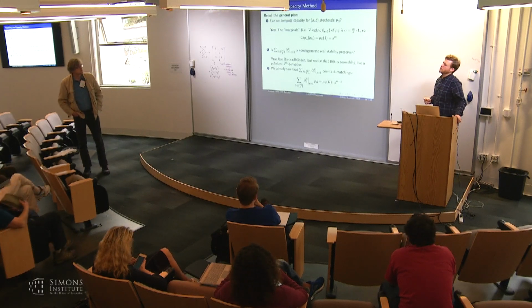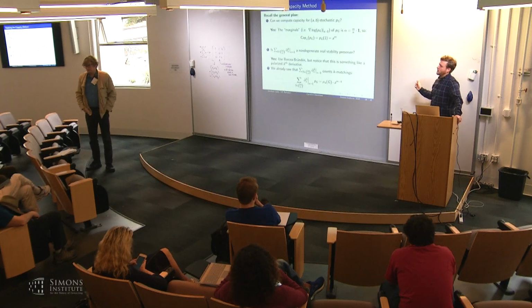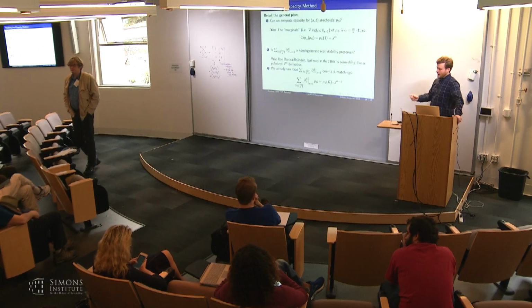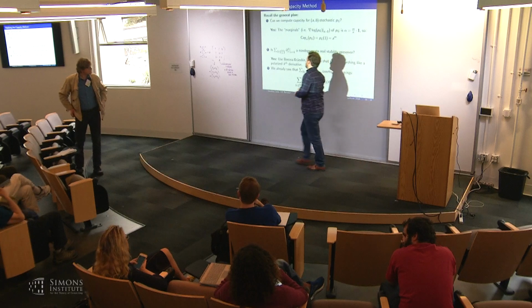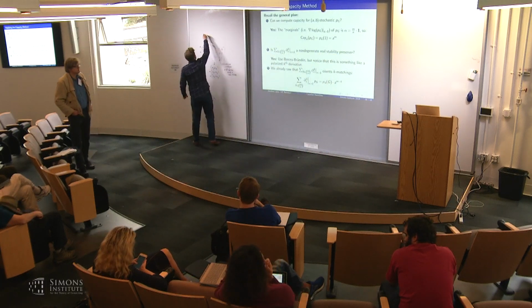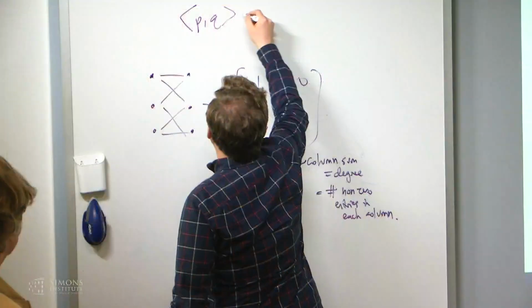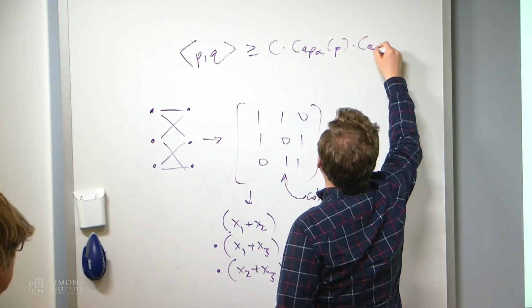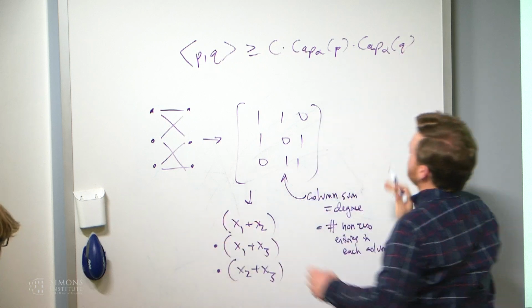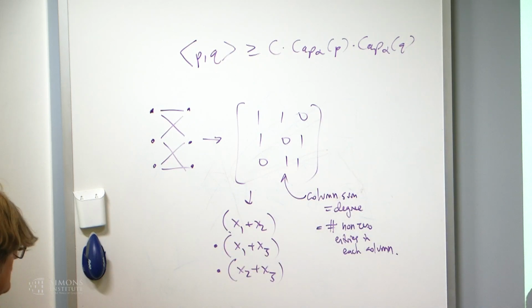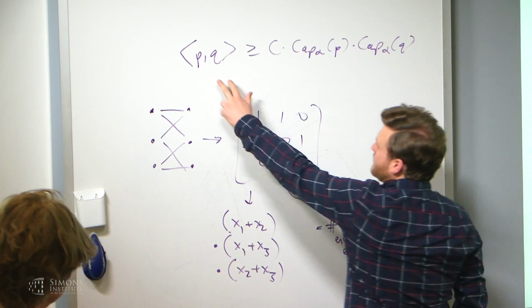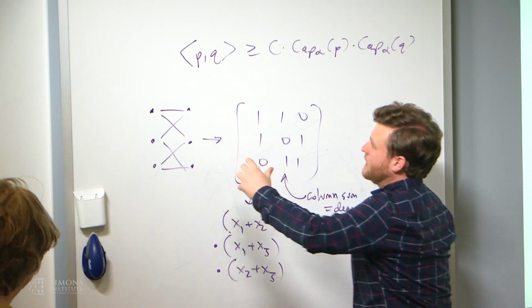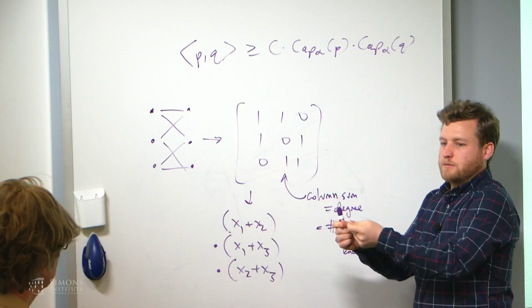There's also potentially something you can do with one of these inner product bounds. So you have some expression that's basically of this form: <P, Q> is greater than or equal to some constant times capacity of P times capacity of Q. This is roughly speaking what this inner product bound looks like. And there's a way where you can set up these P and Q so that this inner product is some coefficient-wise product.